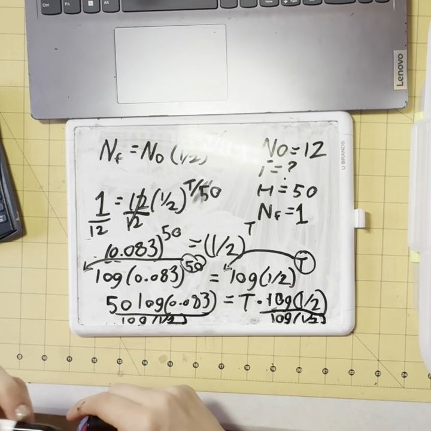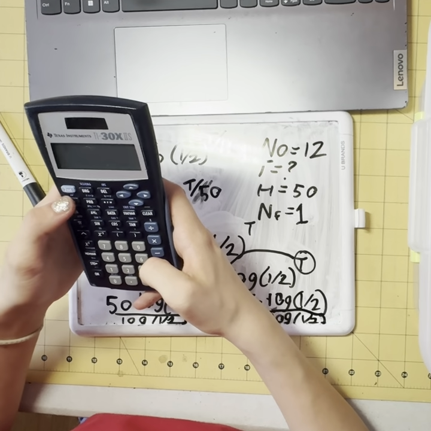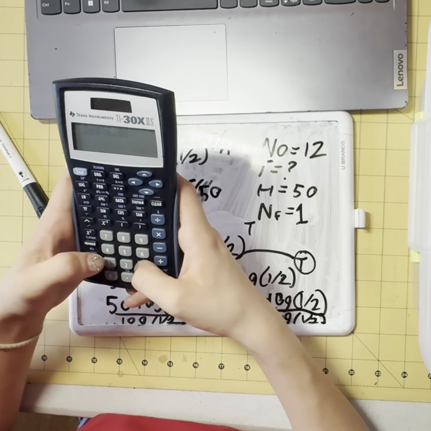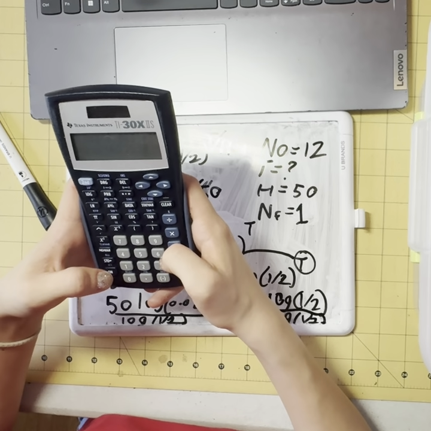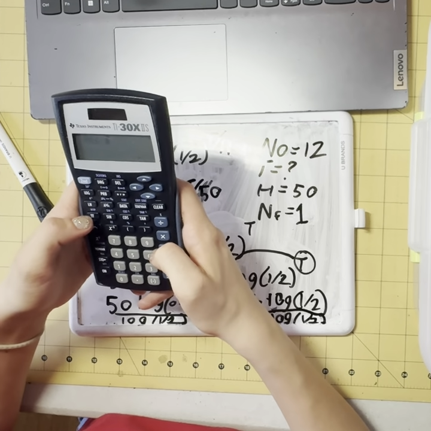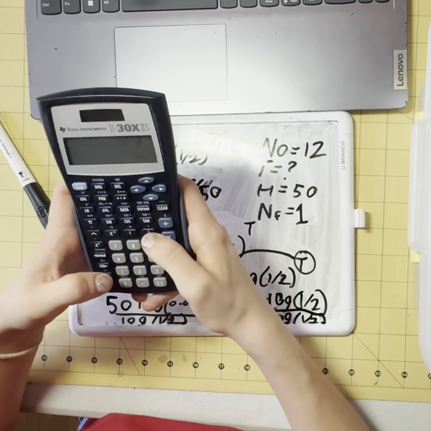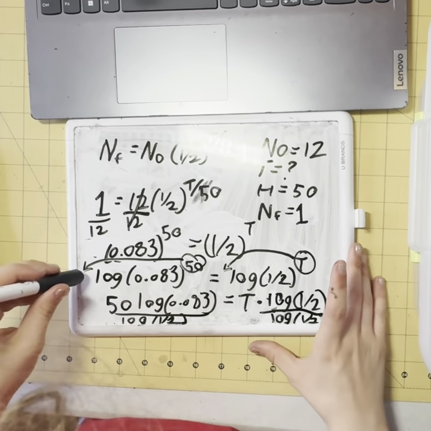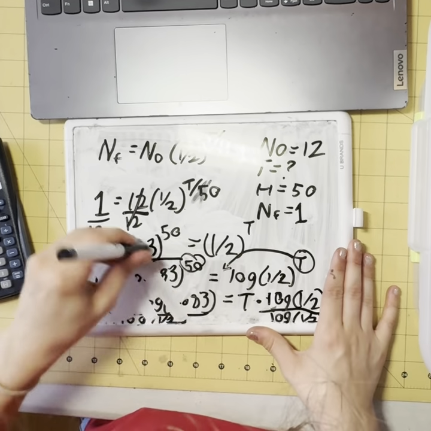I apologize, I'm running out of space. Now I will solve that here for you. So I will quickly do log 0.083 times 50. It's going to give me negative 54.046. Okay, now we're going to divide that by the log of 1/2, which will give me 179.53. I don't know if you can see that on my calculator. So that's saying, I'm going to erase this just so you can see.